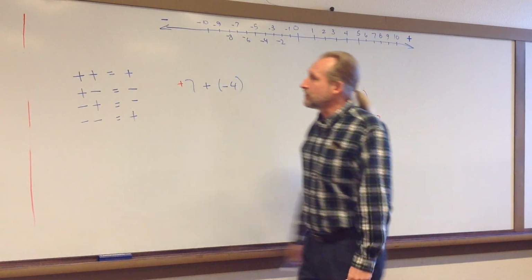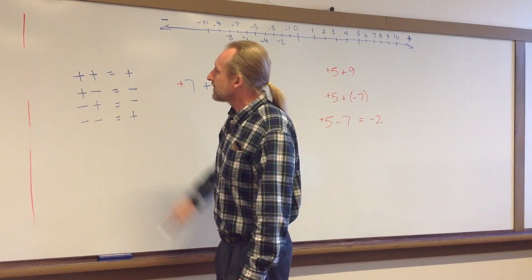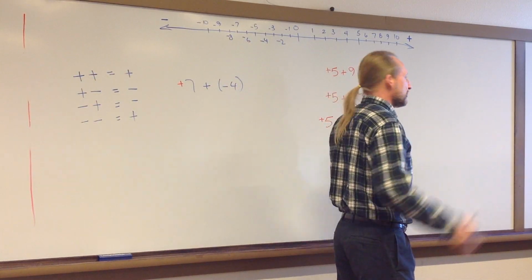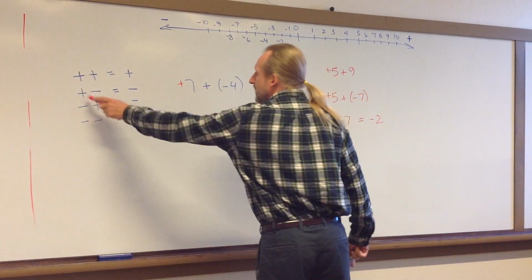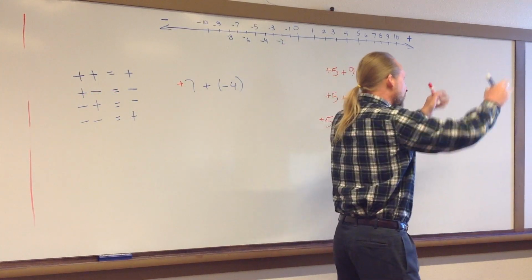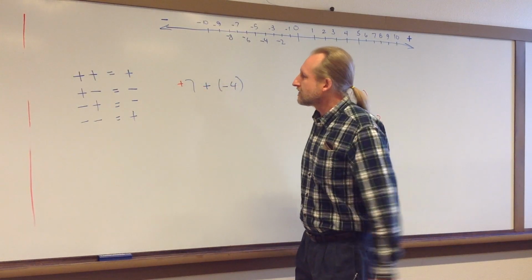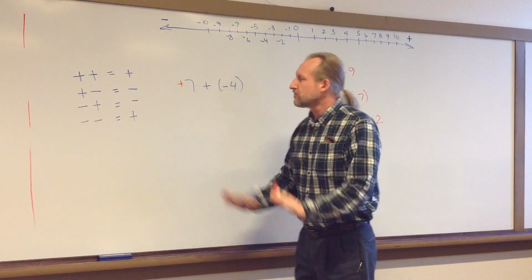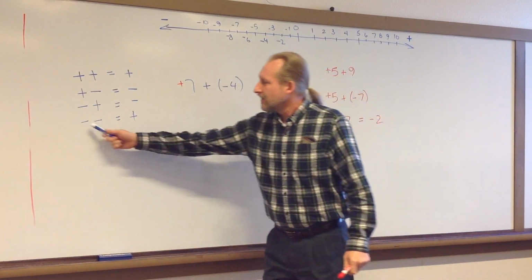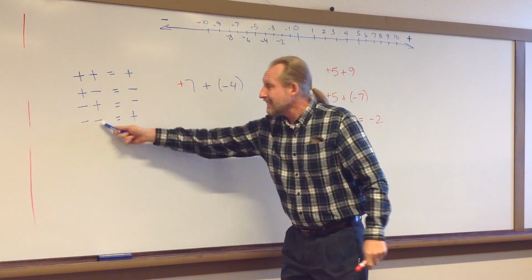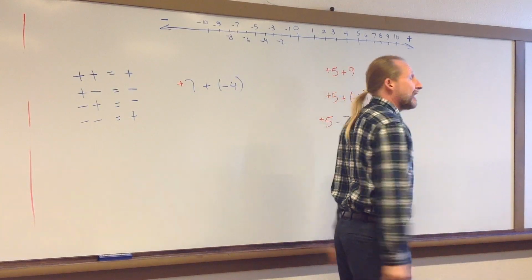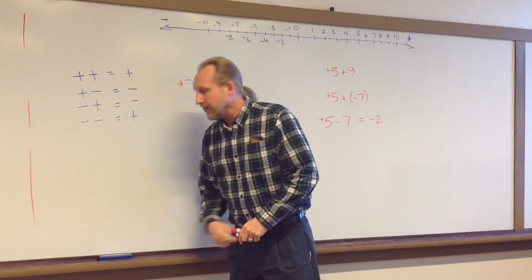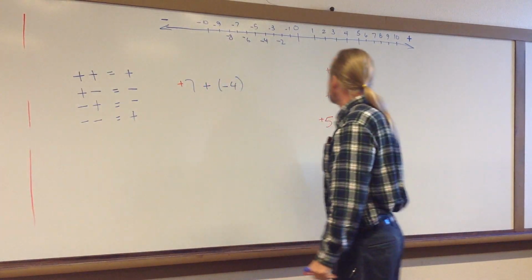That's essentially what these signs say when they're right next to each other. The plus faces you this way, the second plus doesn't change anything. Here, the plus faces you this way, and then the minus turns you around. Here, the minus faces you this way, and the plus says don't change anything. Here, the minus faces you this way, and then the second minus flips you back around and points you in that direction. So that's one of the ideas behind why two negatives make a positive.